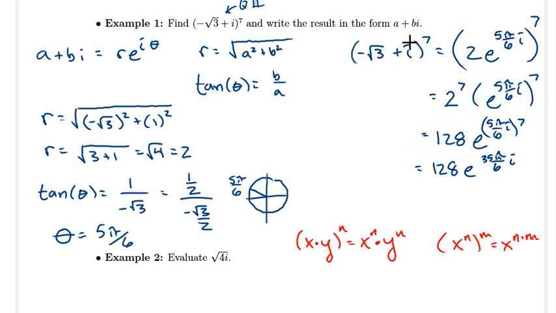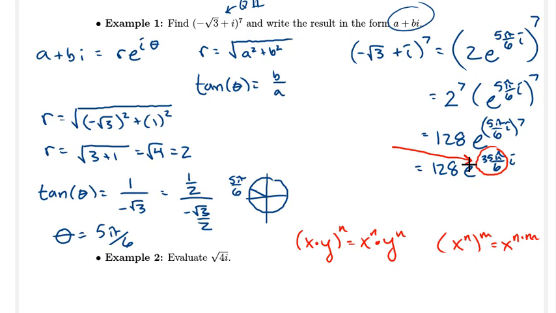Now, it would be nice to go ahead and put it back in the form a plus bi, and in fact, they tell us to right here. So a couple things we want to do. First of all, 35 pi over 6 is an angle we can probably express in a slightly different way.